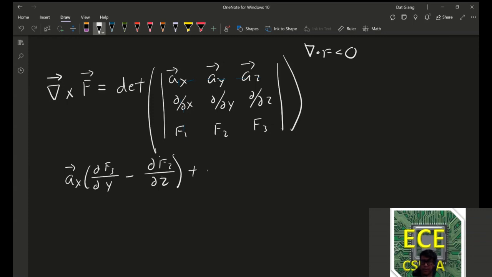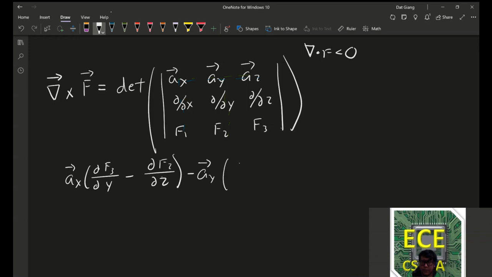Plus, or sorry, it goes into an alternating format. So it should be minus ay. And so from here we cross this part out and we take the determinant of the following.